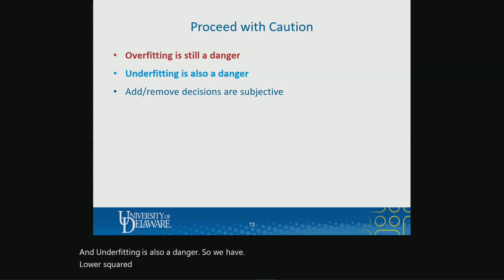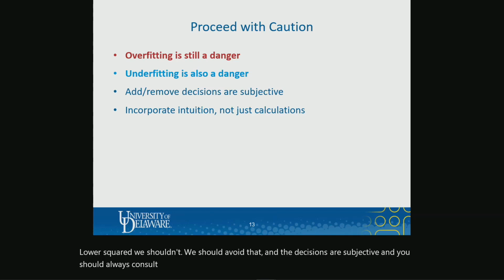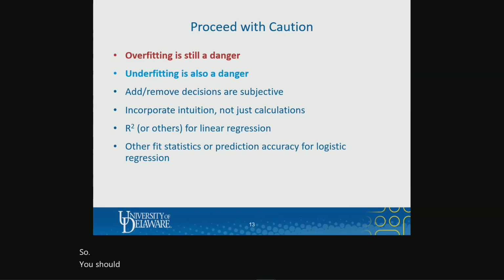We should avoid that. And the decisions are subjective, and you should always consider reasoning and intuition and the meaning of the variables. So you should always keep an eye on the accuracy of the model on the test data set.